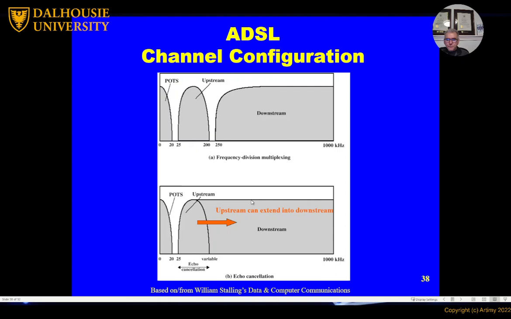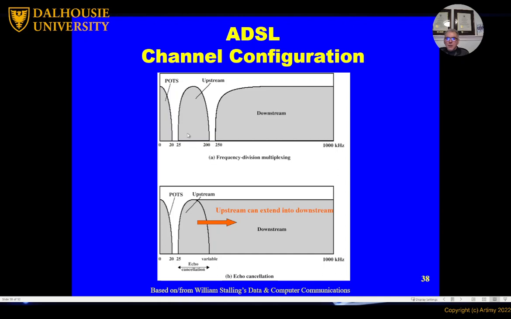Another very common approach for internet connection is using phone lines. So phone lines were designed initially to send and receive phone signals.